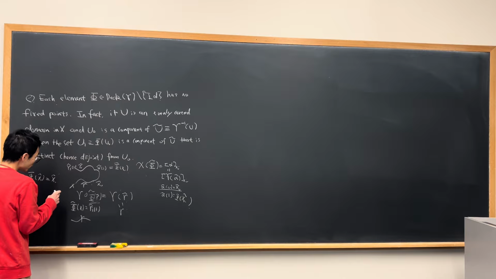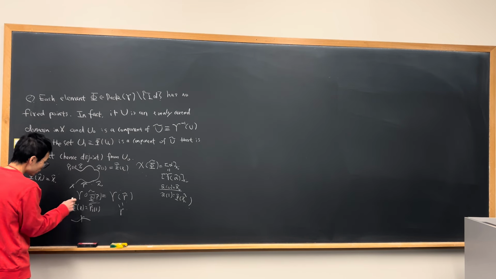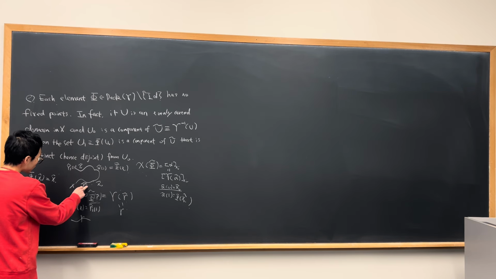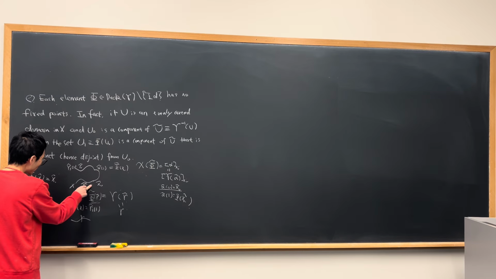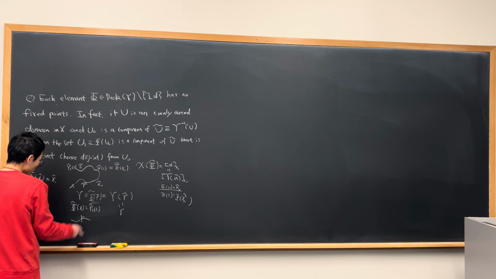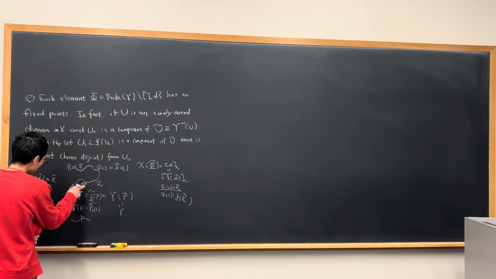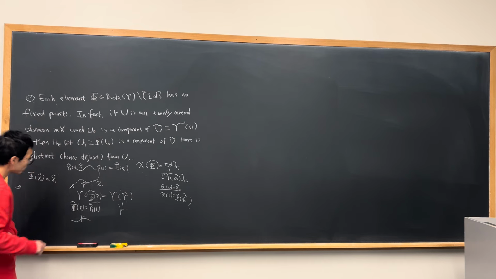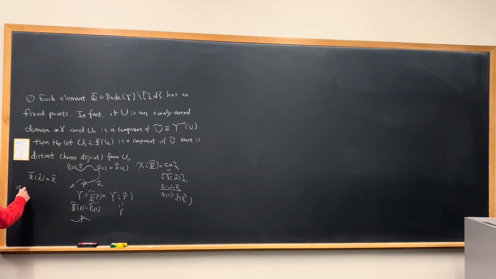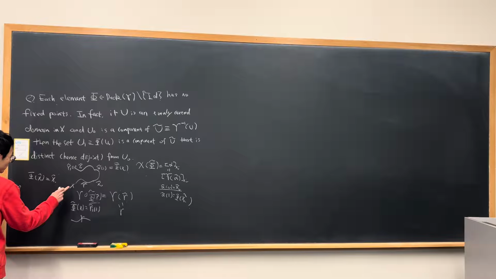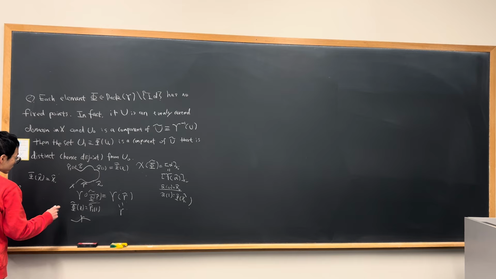So basically, the idea is that if you fix x0 to x0, then this implies that phi of this gamma tilde has to be the same, because the same argument applies here. Therefore, by the unique lifting property, these two must be the same curve.